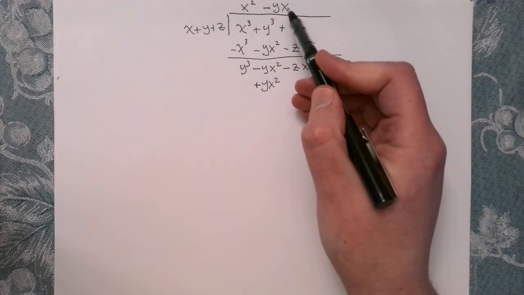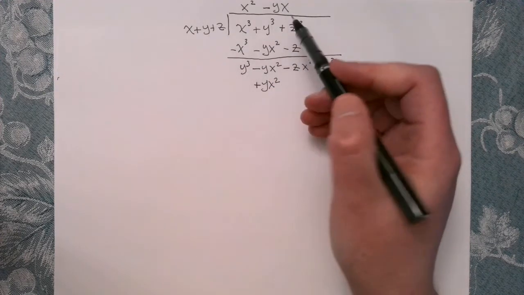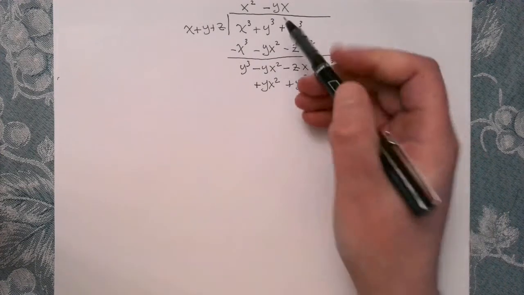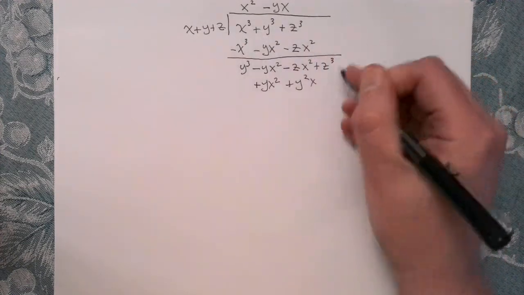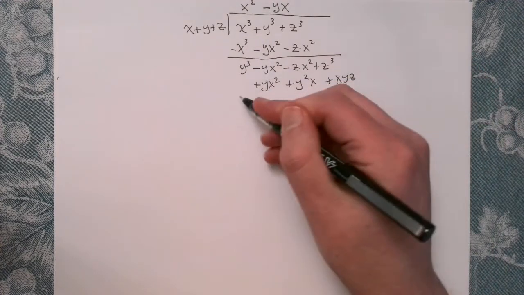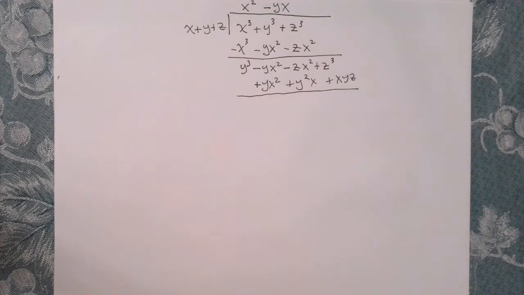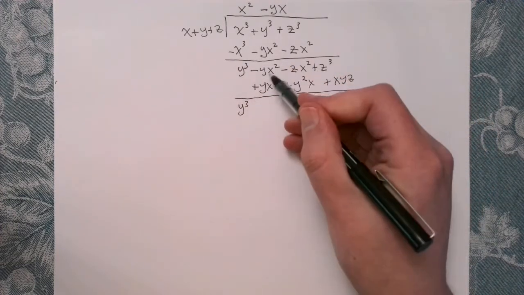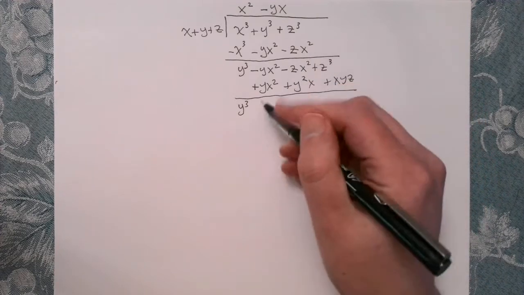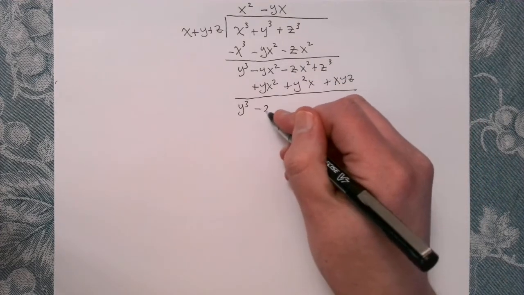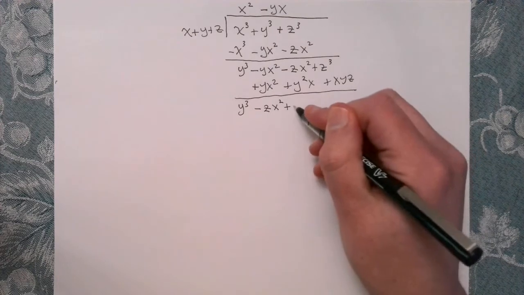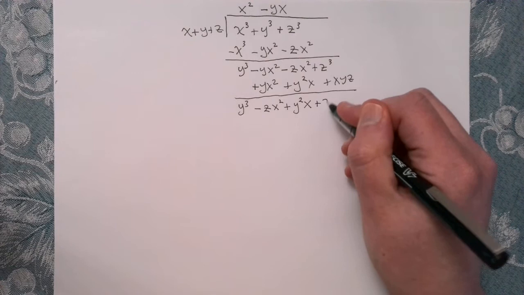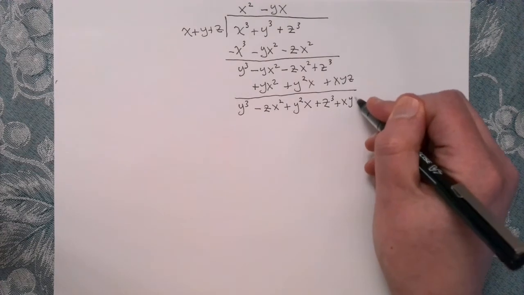And then minus y squared x, but plus. And then minus xyz, but plus. Okay, so let's see what we have left. We still have this y cubed. Those canceled nicely. I still have minus zx squared plus y squared x plus z cubed plus xyz.